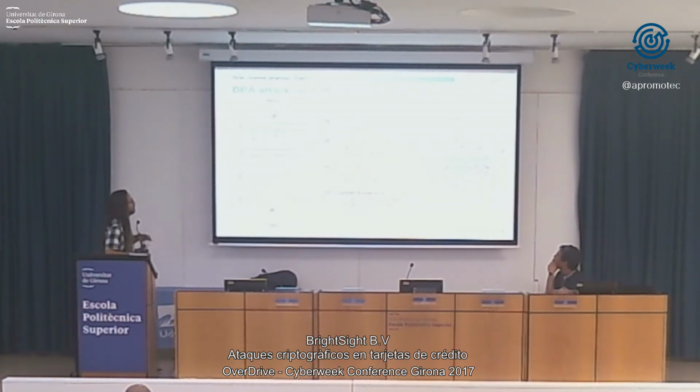For instance, focusing this example on the DES, well, this is the scheme of the DES, which performs 16 rounds that we will be able to identify by performing an SPA.